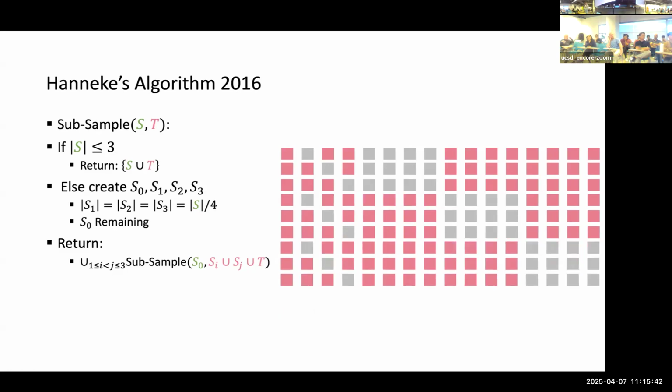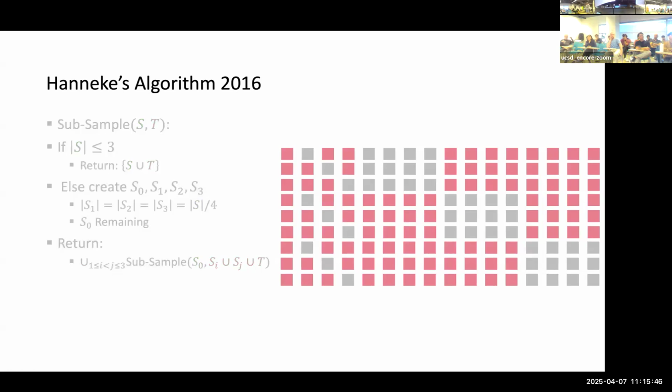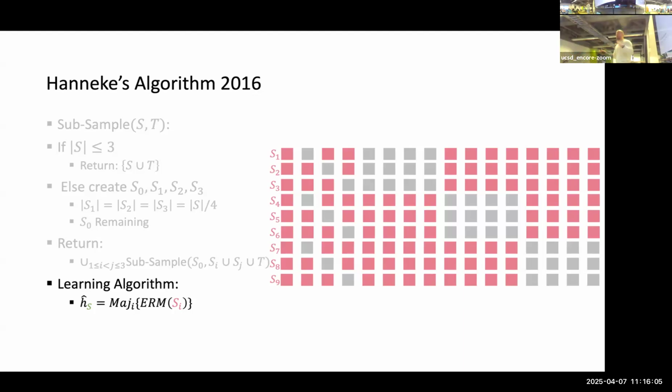So now what does this algorithm do when you've created all of these many subsamples of your training data set? You take all of these subsamples and run empirical risk minimization on each of them. So you just run this naive algorithm: you look at the training data and find some hypothesis in H that correctly labels all of the pink data points.